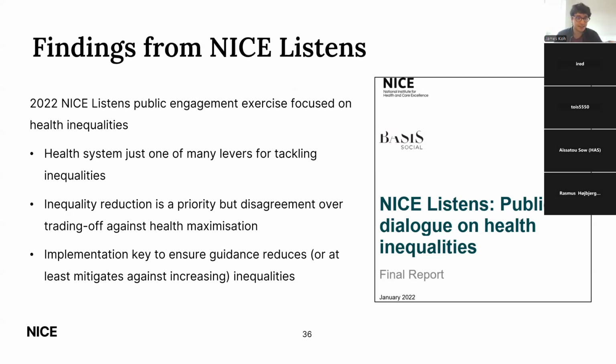The second one is one that will be familiar to us all now, which is that there's a general agreement that inequality reduction is a priority, but exactly how big this trade-off should be is an issue of social value, and has a lot of disagreement over it.